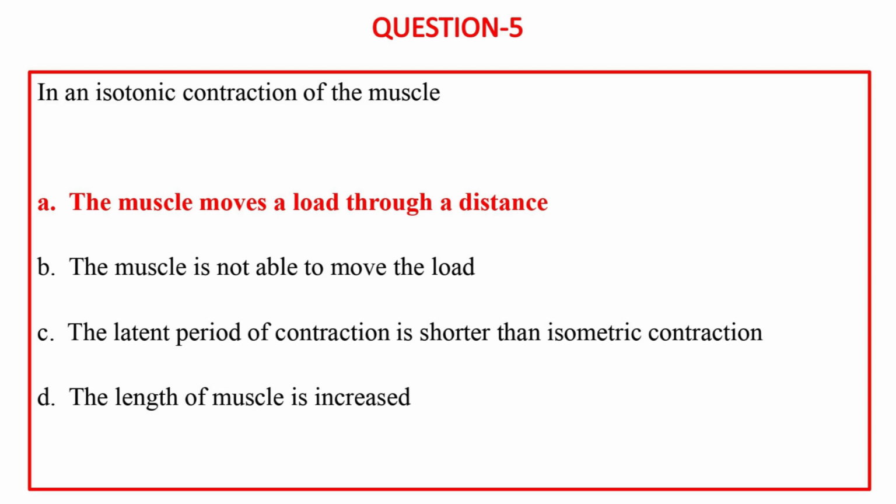If you see, in an isotonic contraction, the tension remains the same, but the muscle is allowed to shorten during the contraction.